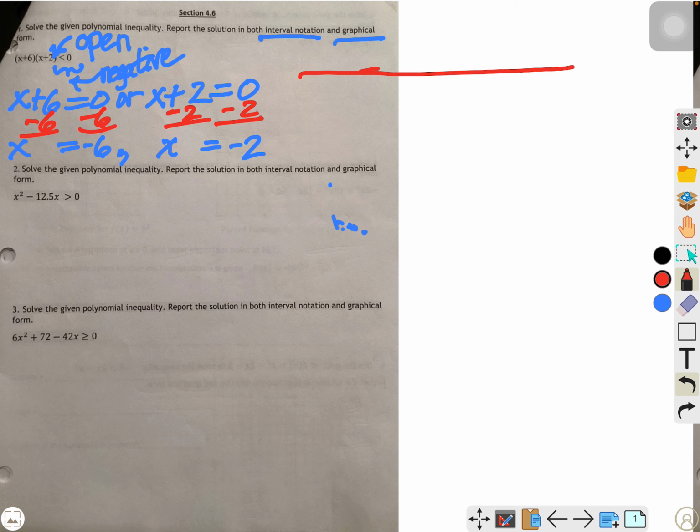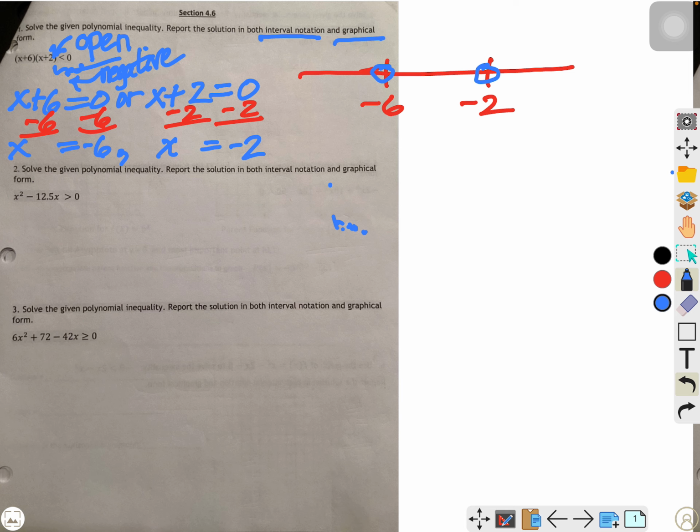So we're going to draw a number line and place these numbers in order from least to greatest. And we're going to graph the endpoints of these critical values. Again, there is no equal option, so the endpoints will be open.